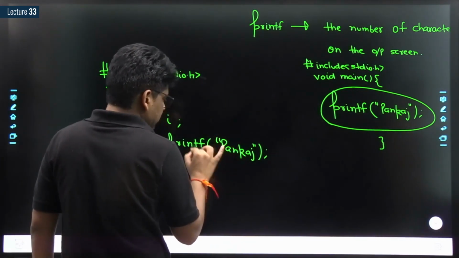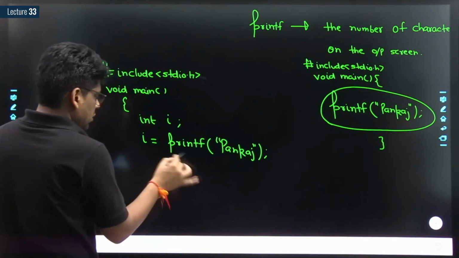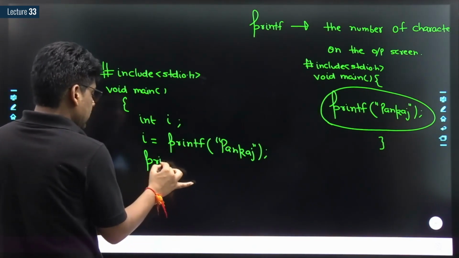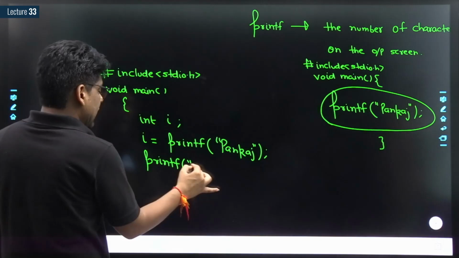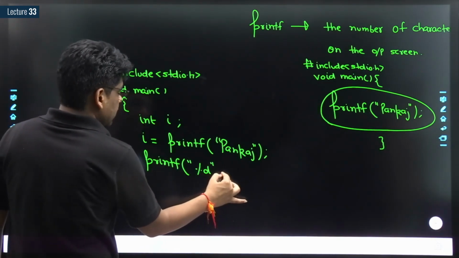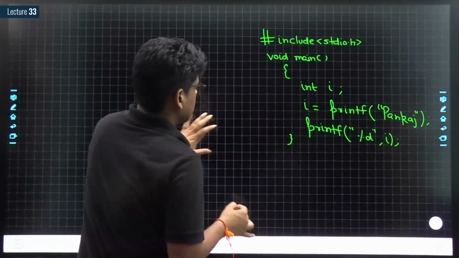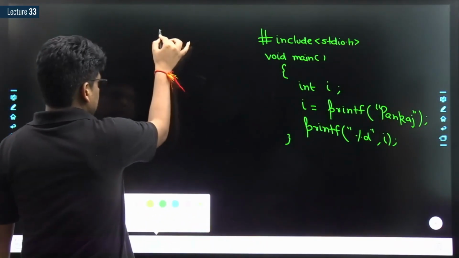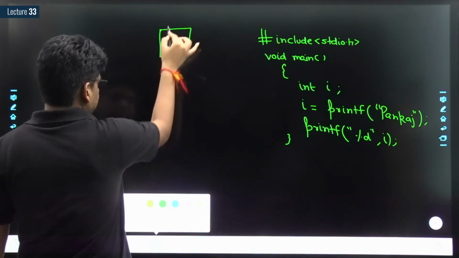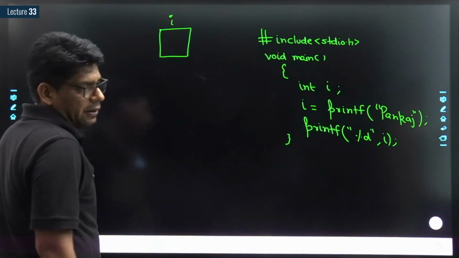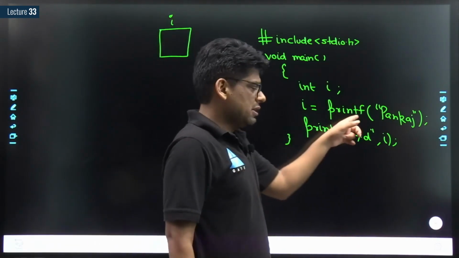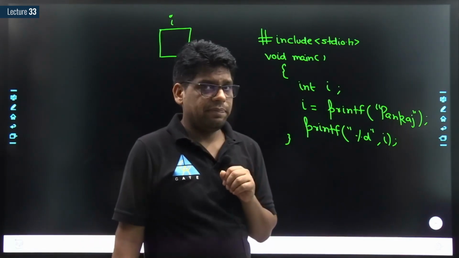That means I am saying something like this. And let me try to print the value that goes inside I. From the first line, somewhere in memory a variable I is declared. What is this? This is an assignment statement.